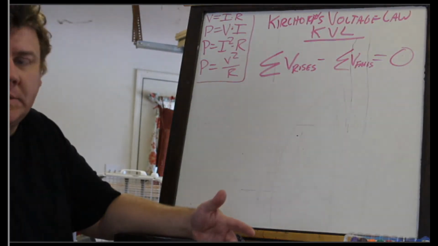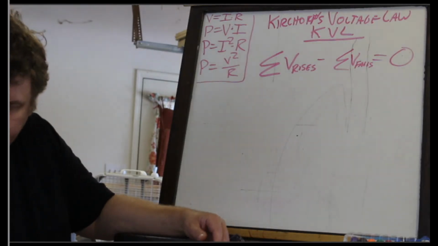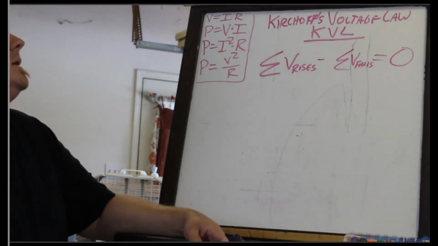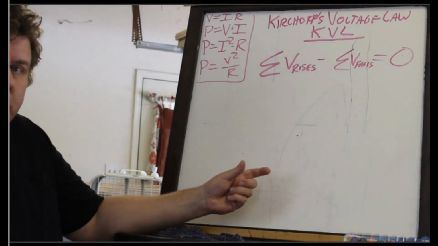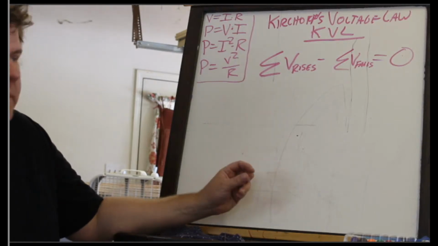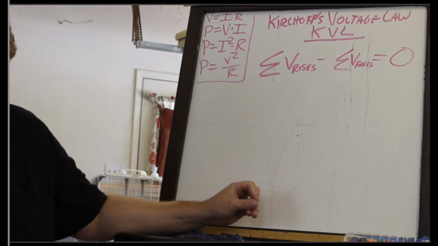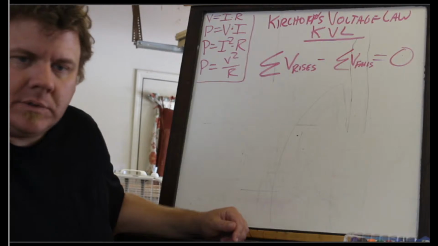Okay, so basically it's restating Newton's, third thermodynamic principle, I think it is. So all the voltage rises, in other words, the batteries or the power sources in the circuit, whatever total voltage they produce, has to be distributed such that all of the individual voltages add up to the total, okay?